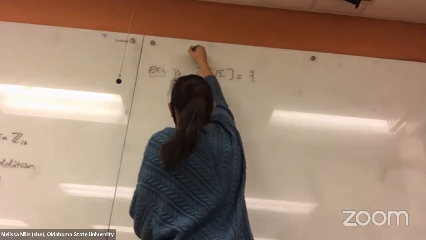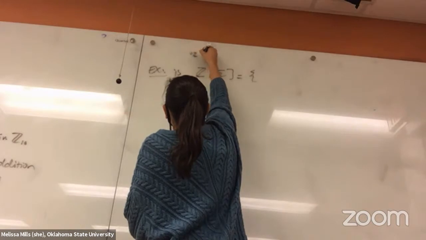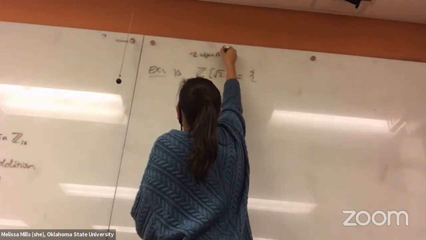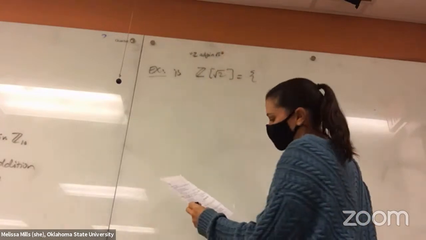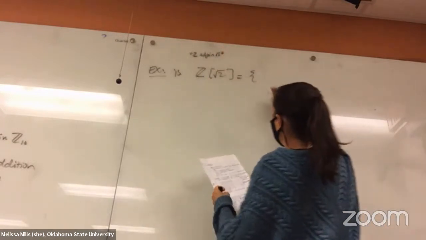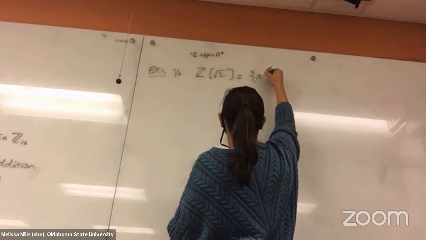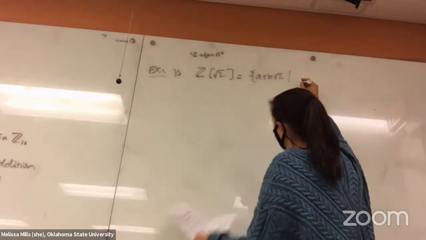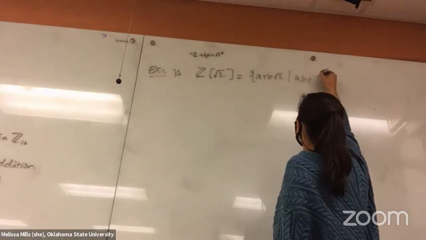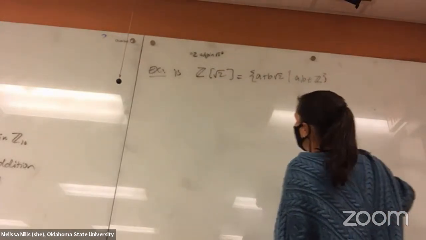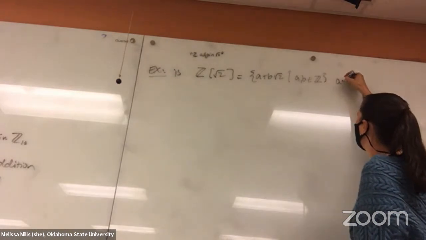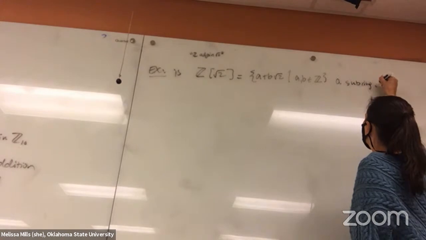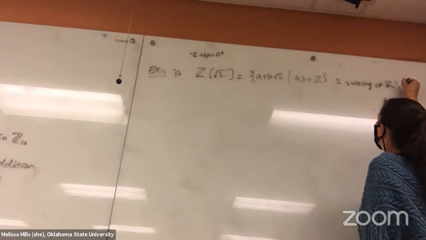So we're doing Z adjoin square root of 2, and it's going to be a plus b square root of 2, such that a and b are in Z. So is that a subset, a subring of R?